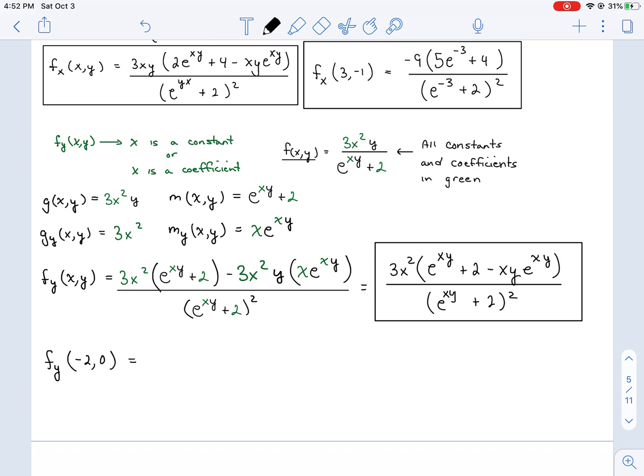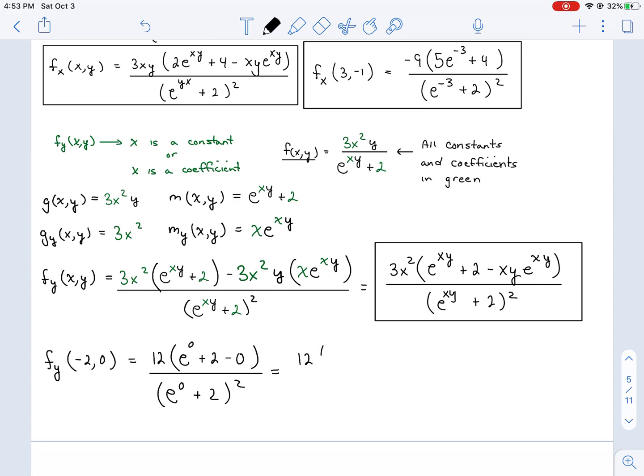Okay. So if we substitute -2 in for x, the first expression is going to be 12. Then we have e to the 0 power plus 2 minus 0, all divided by e to the 0 power plus 2 squared.